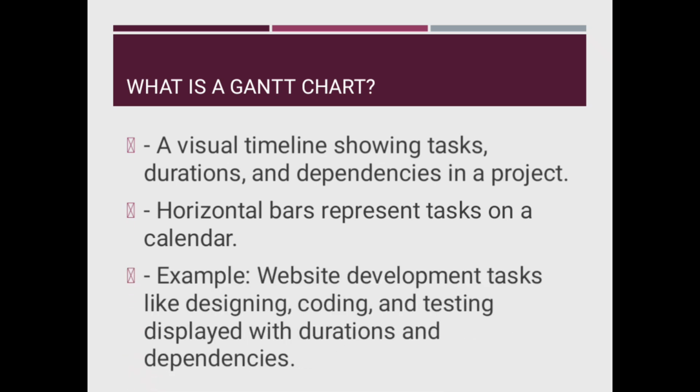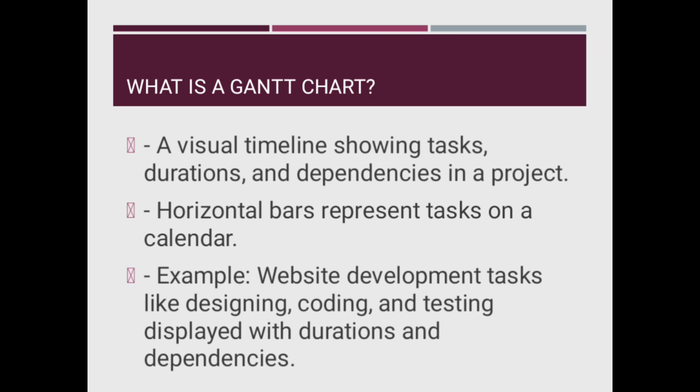Then we can give an example. For example, let's say you are trying to develop a website, right? So you can have tasks, for example, designing, coding, testing, all those are going to be represented by horizontal bars.